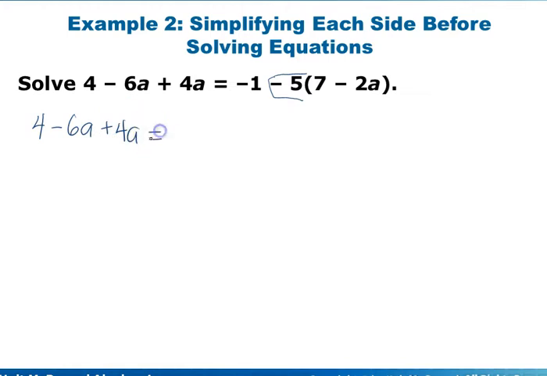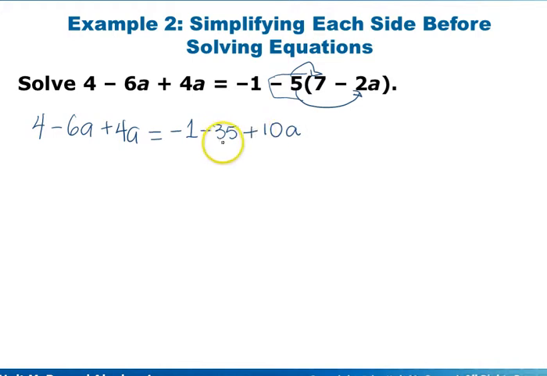Now I'm going to distribute. Negative 5 times 7 is negative 35. Again, be very careful with your signs. And negative 5 times negative 2a will be positive 10a.